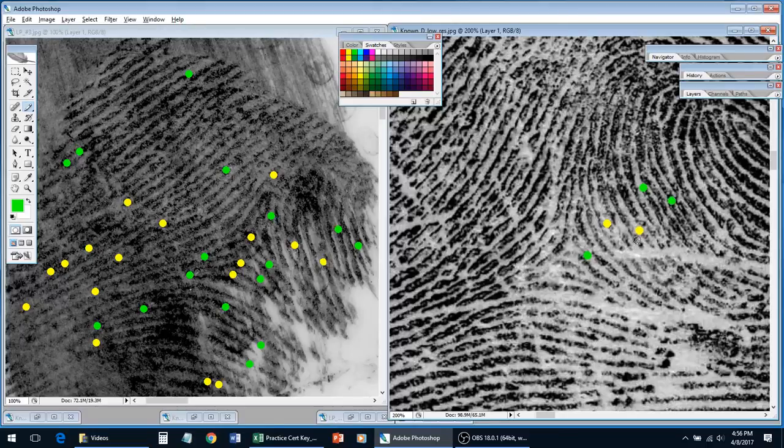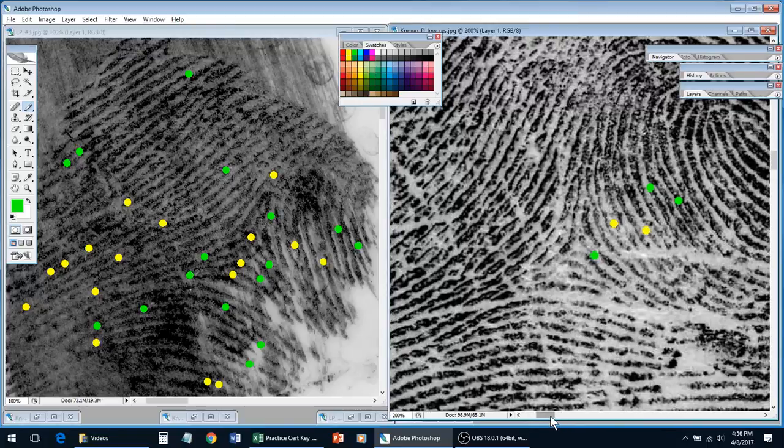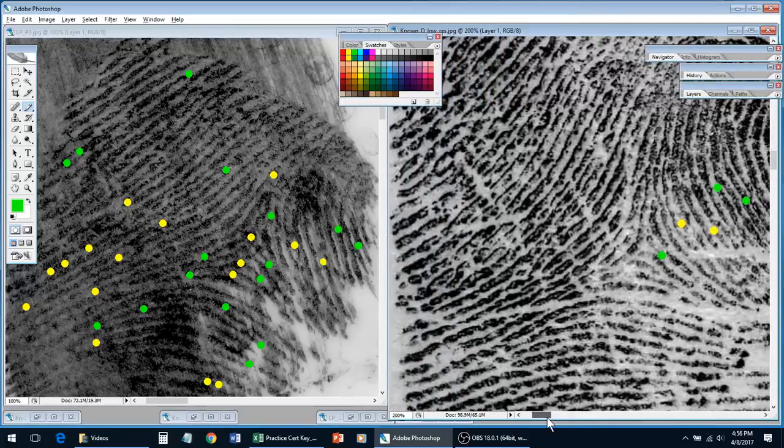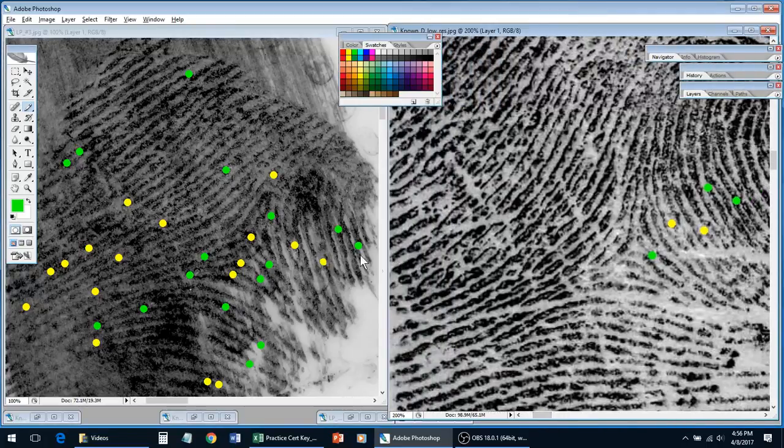So even though, like this example here, I moved it half a ridge because the distortion wasn't exactly clear here, and I got a better image of it here. If that is what's happening through every minutia through the entire print, and I'm having to move and adjust it quite a bit, that's going to go into my decision-making process as to whether or not I'm going to reach an identification decision or not.